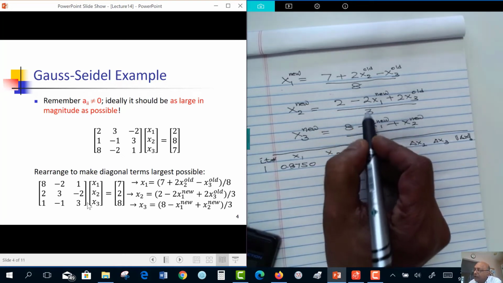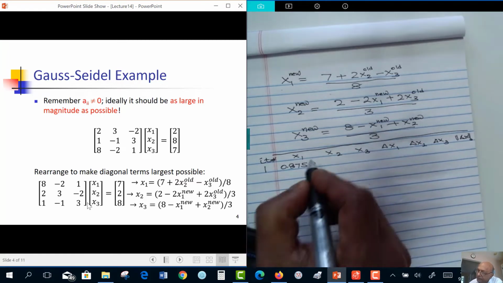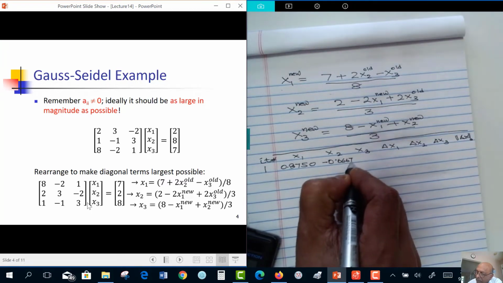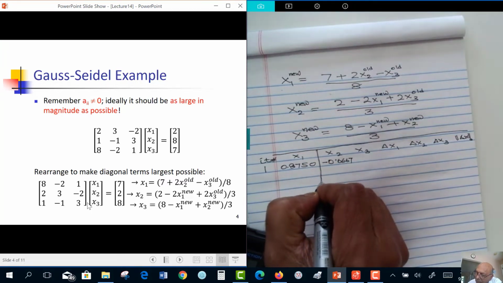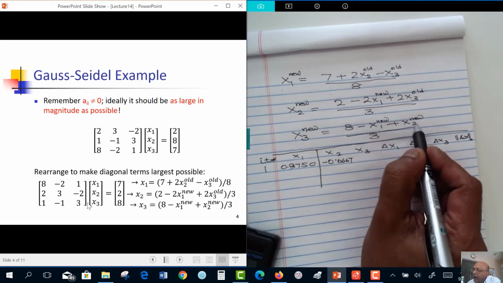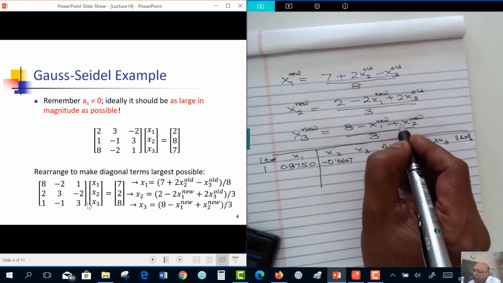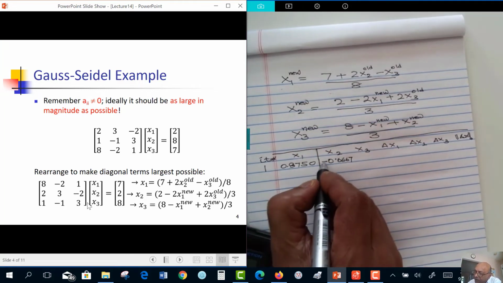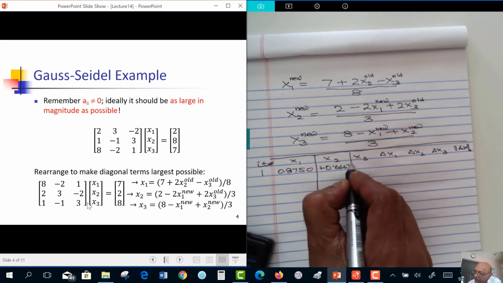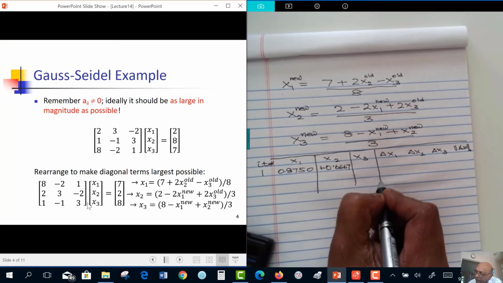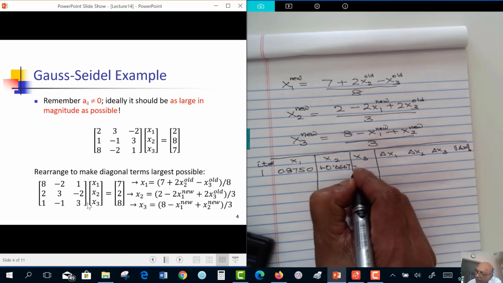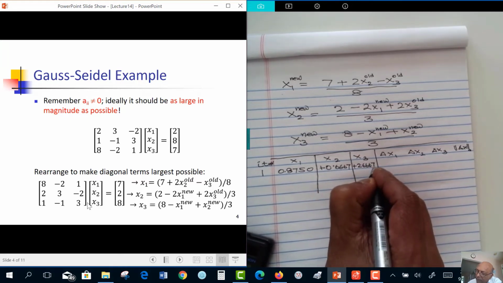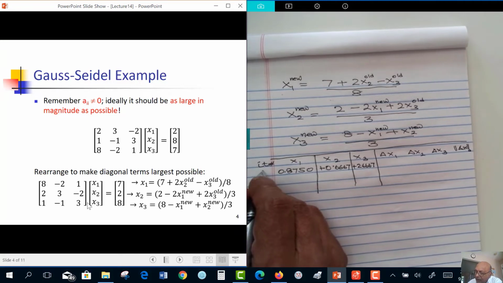Here I'll use minus 2/3 as a guess. And here I will use 8/3. I'm sorry, 2/3 as a guess, positive. 8/3 as a guess here. Okay, so those are our initial guesses.